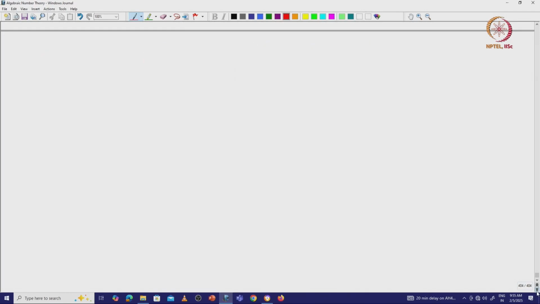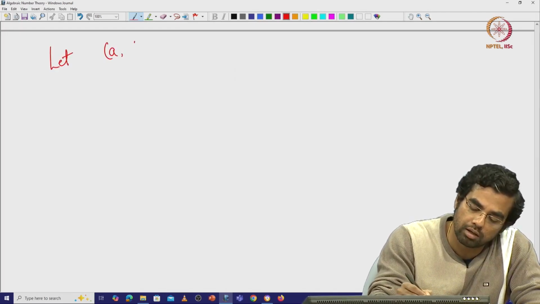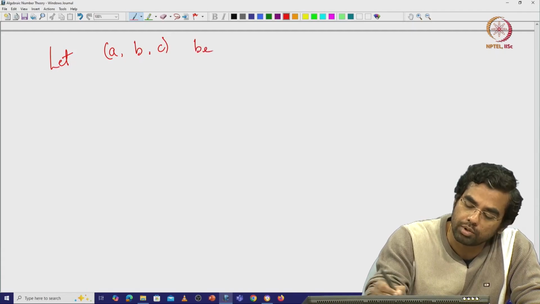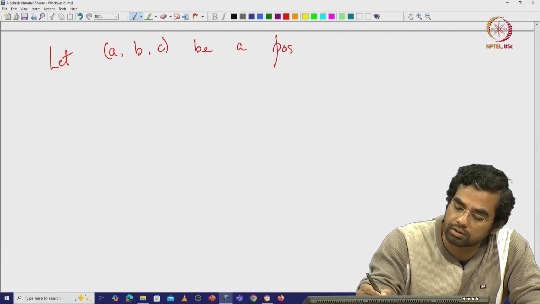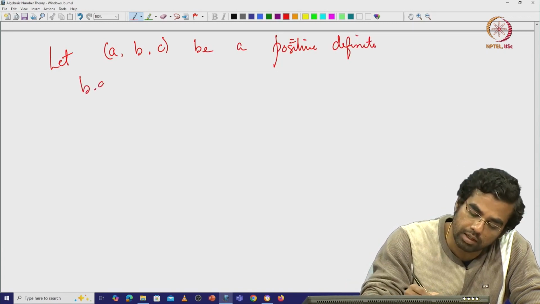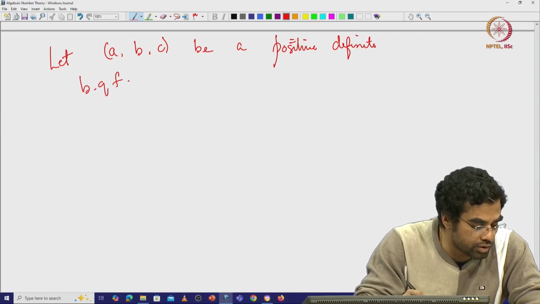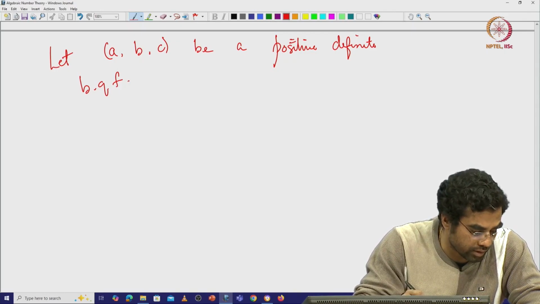So, let us take the first one. So, let (A, B, C) be a positive definite binary quadratic form. Okay. We want to show that there is a reduced binary quadratic form that is equivalent to this one.